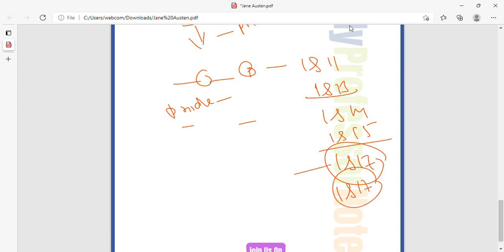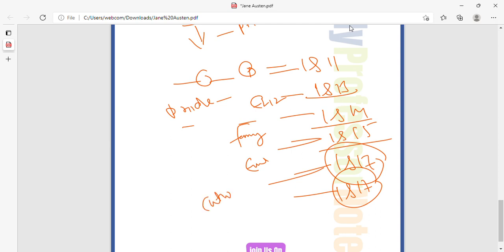Then you have to work out who the protagonists and main characters are. We know Elizabeth Bennet, right? 1814, Mansfield Park, we know is Fanny Price, right? 1815, Emma Woodhouse. Then 1817 we have Northanger Abbey, with Catherine Morland, who is reading The Mysteries of Udolpho, right?